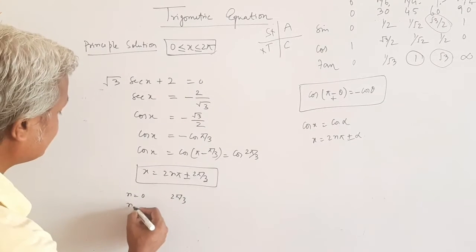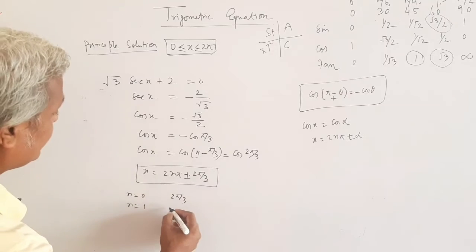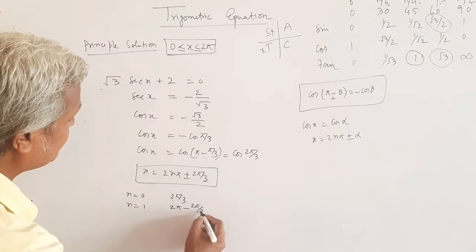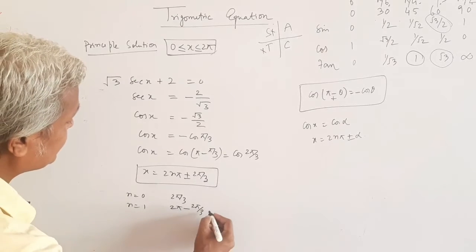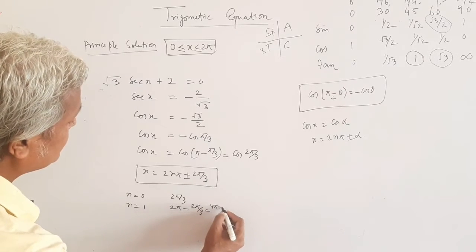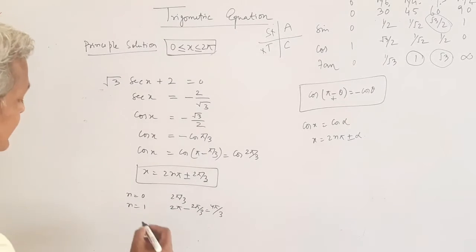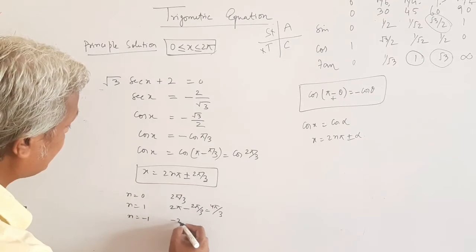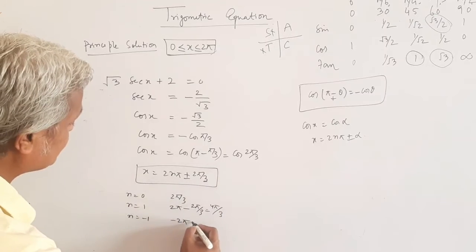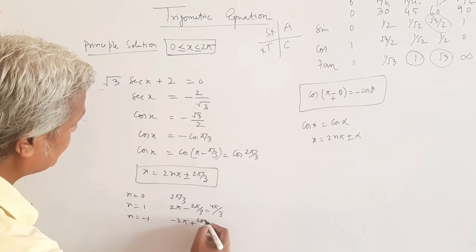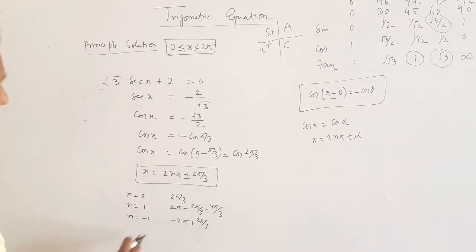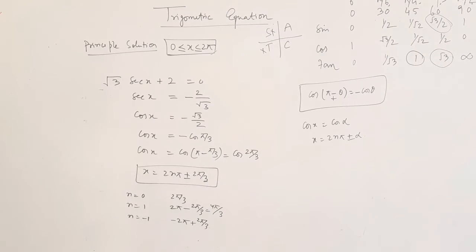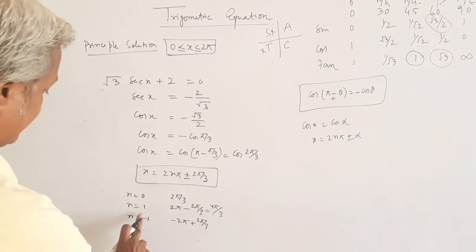If I write n is 1, then we get 2 pi minus 2 pi by 3, 3 2s are 6, 6 minus 2, that is 4 pi by 3. If I write n equal to minus 1, this will become minus 2 pi plus 2 pi by 3, which is becoming negative, so I think it's not required.